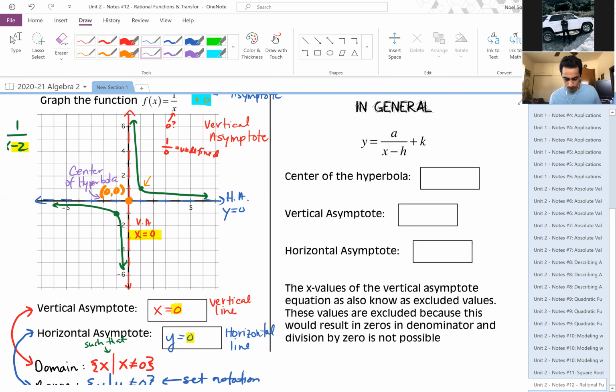Not likely. I would if we had been able to graph these, if we had time to learn how to graph them. But since I'm not going to ask you to graph anything, the center of the hyperbola is not as important. What's more important is understanding how the asymptotes work, how they affect the domain and range, and knowing how to find the intercepts of these functions.